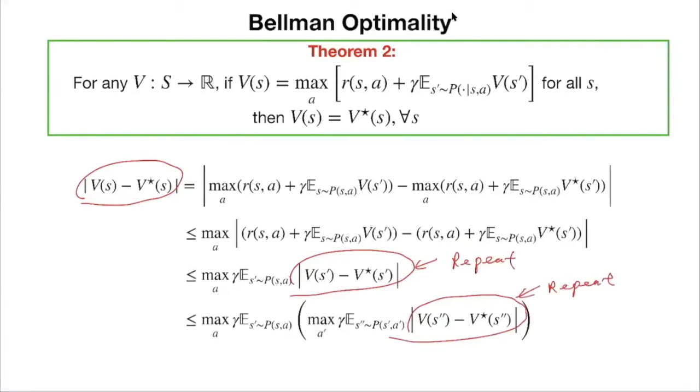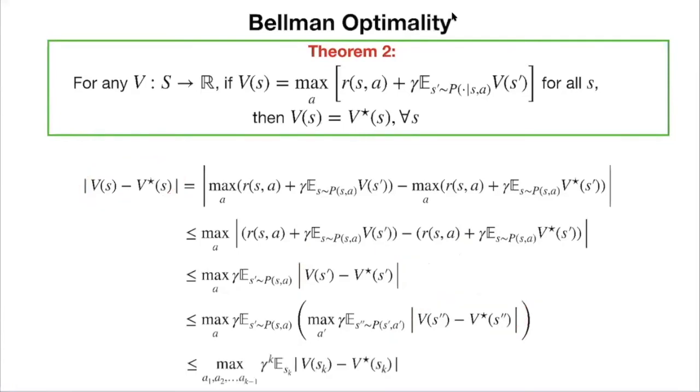Similar to the previous proof, we're going to repeat this process infinitely many steps, but here I'm showing you for k steps. After we repeat this process for k steps, we get an expression that looks like this. So we have gamma to the k and an expression where we can still do the process over again.